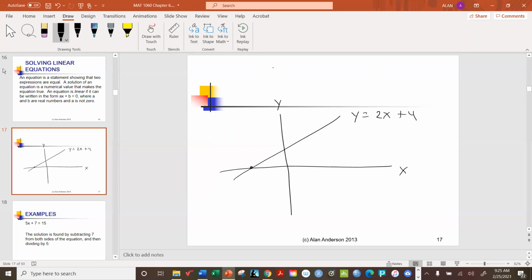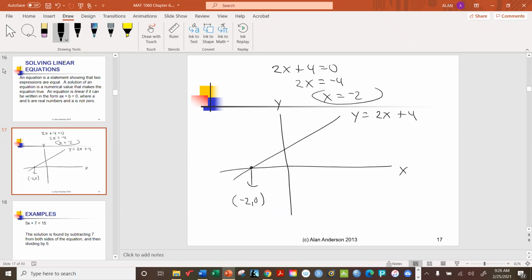Well, here's what we can do. Set this equal to 0. Because the logic being that the horizontal axis is where y equals 0. So by doing that, we can identify this is the point -2, 0. So we say that it crosses the x-axis at -2, 0.